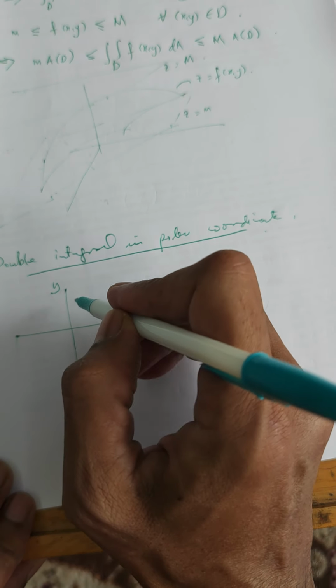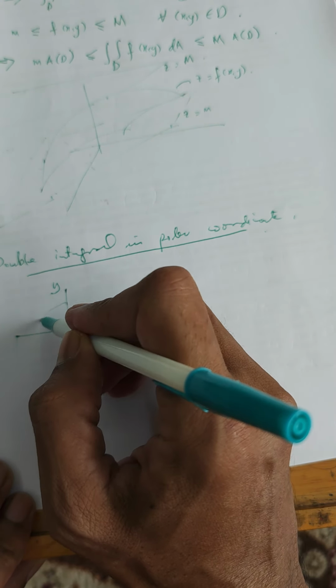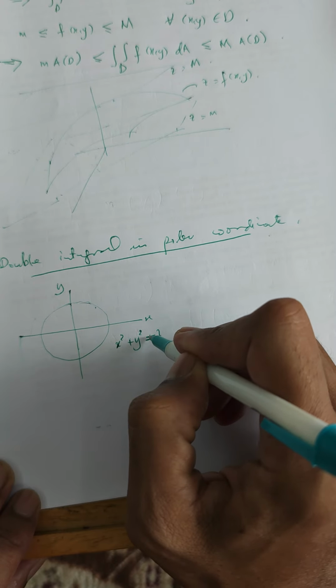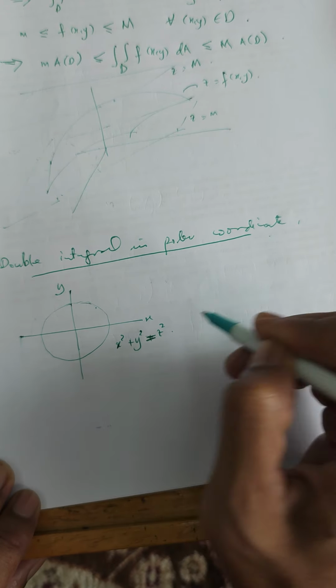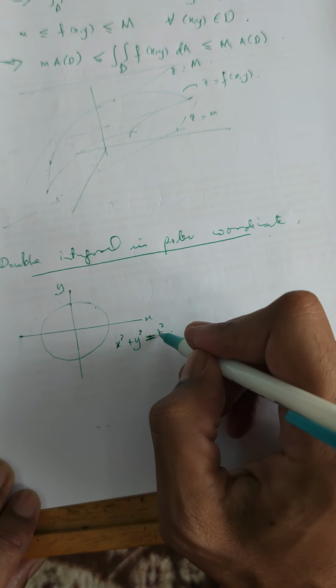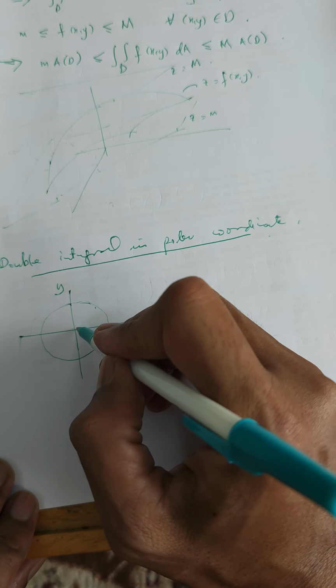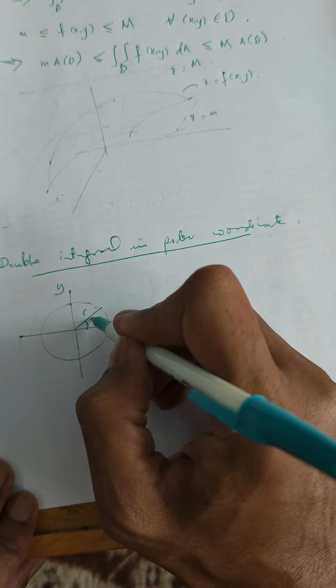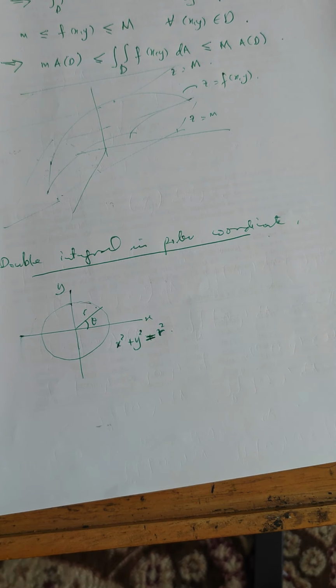So if you consider any circle, let's say x squared plus y squared equal to some r squared, which means our radius here is r, and it is bounded by an angle theta.